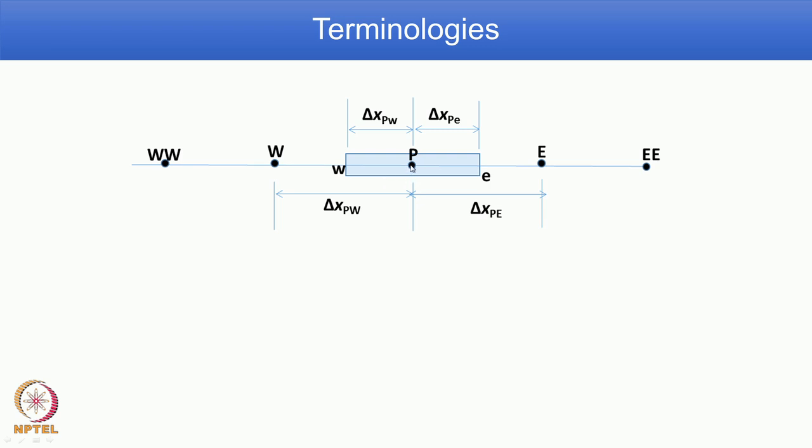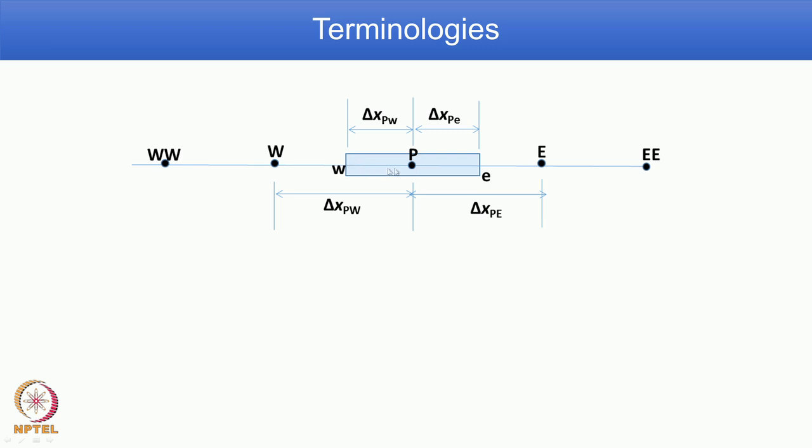P is a point of interest, and the full circle is a node that is marked here as P. Then for a uniform spacing, the arrangement is shown, east side node is capital E and west side node is capital W. Similarly, to the west of west, it is given here as WW, and to the east of east it is given here as EE.